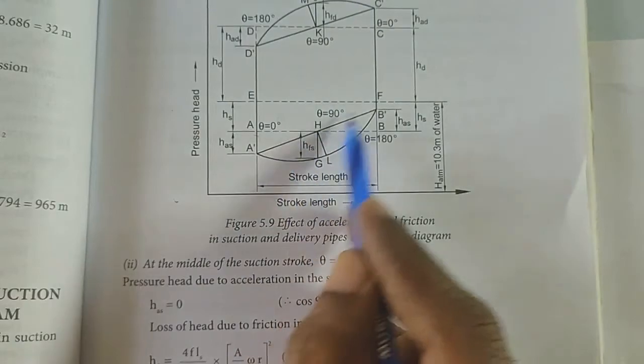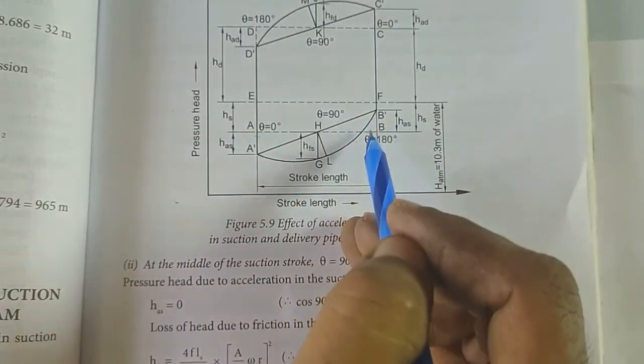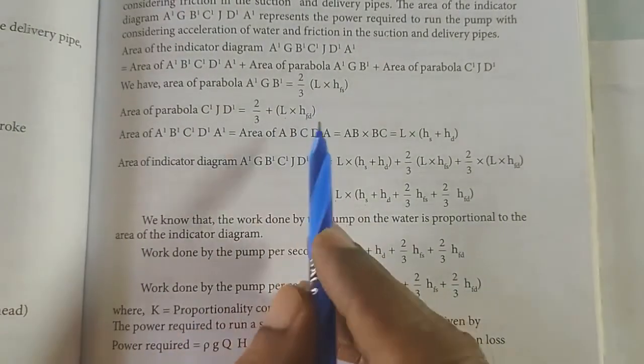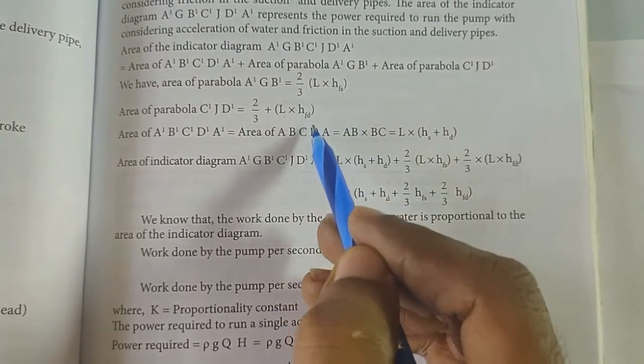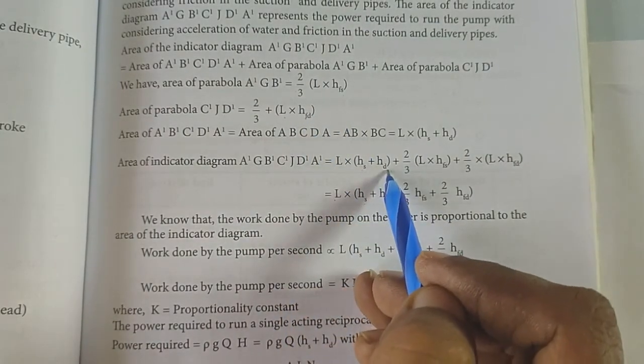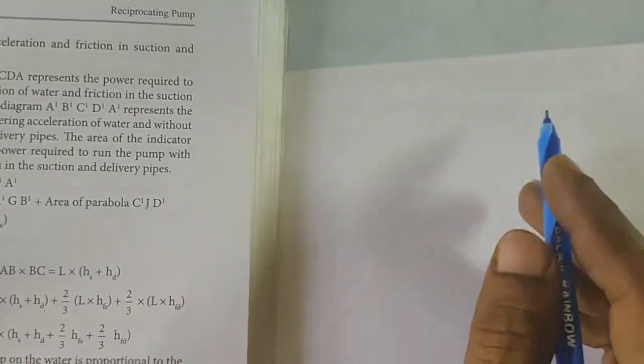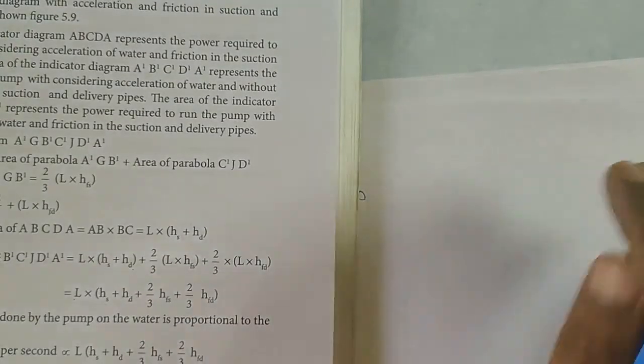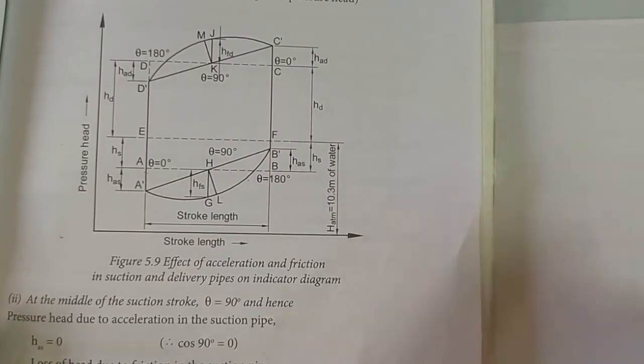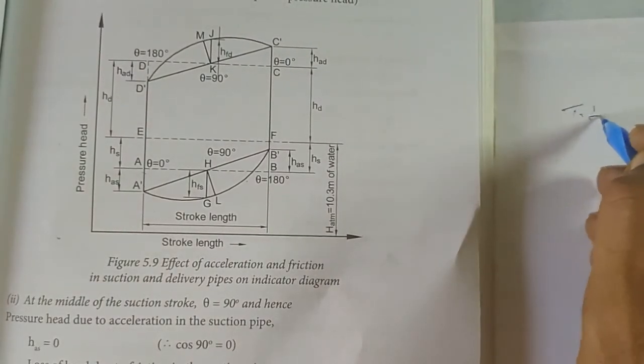The area of this rectangle will be L into HS plus HD. So this is the total area of the indicator diagram. You can see the indicator diagram here, and you can see the total area.